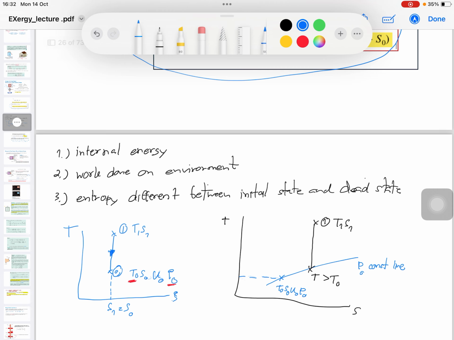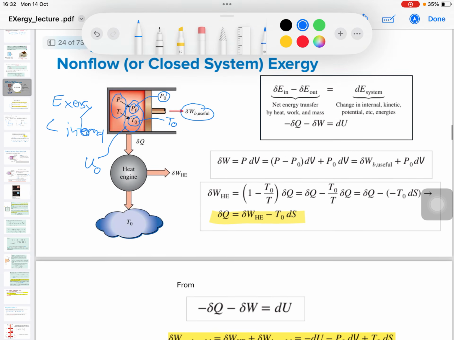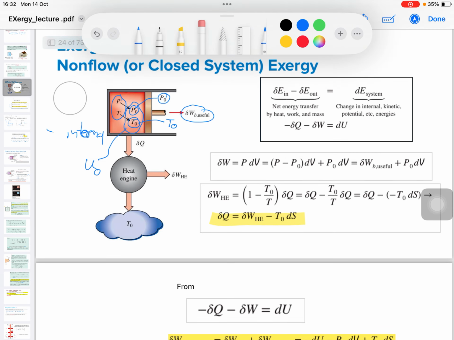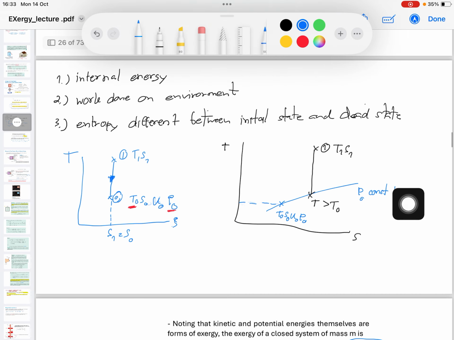Okay, let me show you some examples. So for the first case, if the entropy of the gas S1 equals S0, where S0 is the entropy at the final state, then I can isentropically expand the gas from the initial state down to the dead state, down to the final state.